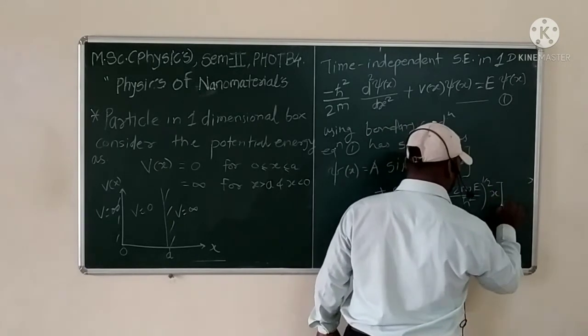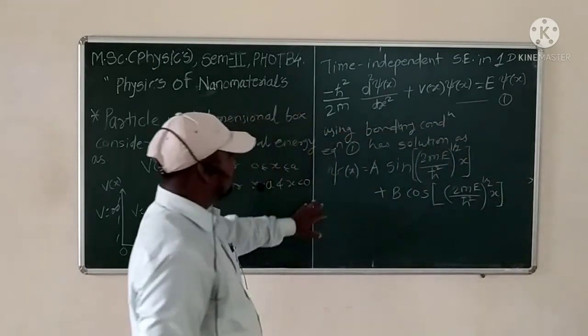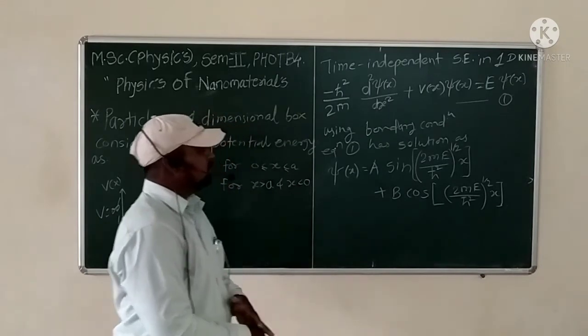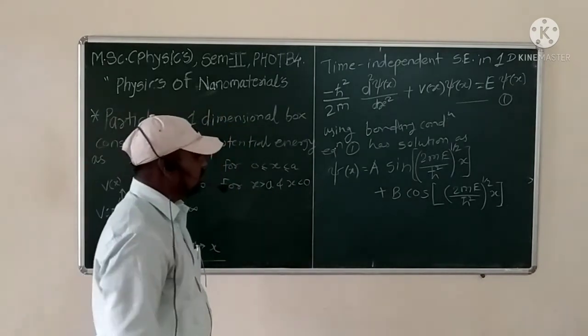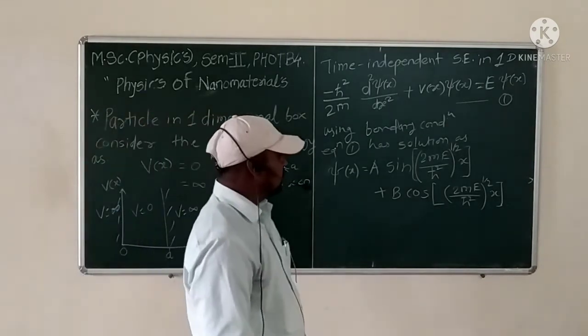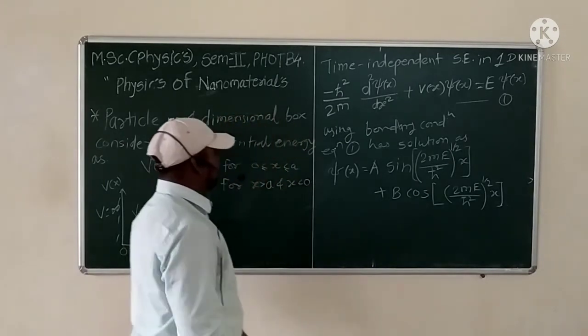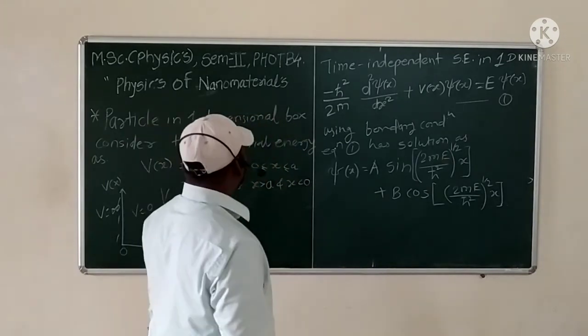Okay, this is the solution for this time independent Schrodinger equation for a one dimensional potential box.